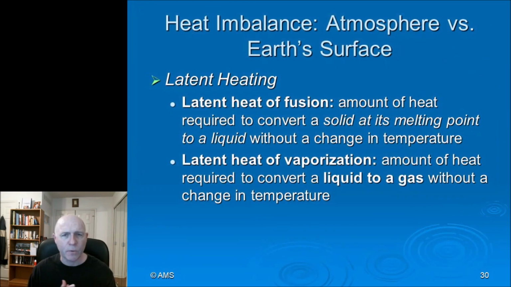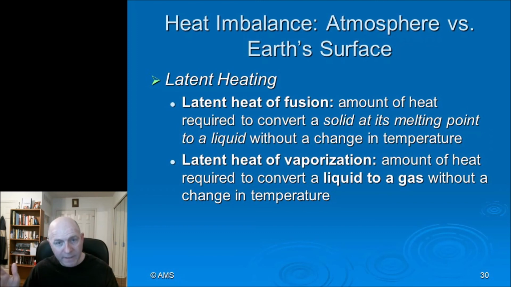Two nicknames for these phase changes: latent heat of fusion, so that's the amount of heat required to convert the solid at its melting point to the liquid without the temperature actually changing. All right, so in other words, I'm going from 0 C ice to 0 C liquid water without a change in temperature. I still had to add energy to the system to get the phase to change.